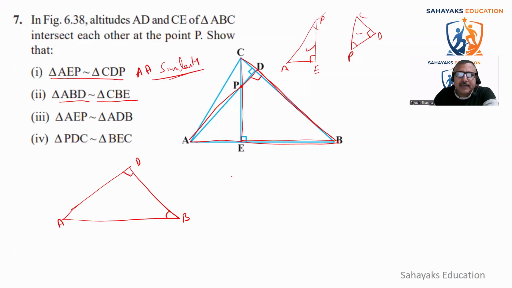On the other side, I'm making CBE: C, B, E. Now this angle is 90 degrees and this angle is 90 degrees, and the angle adjacent to it is B here and B here. So there are two angles which are the same, 90 and angle B, and therefore this is also similar by AA similarity.